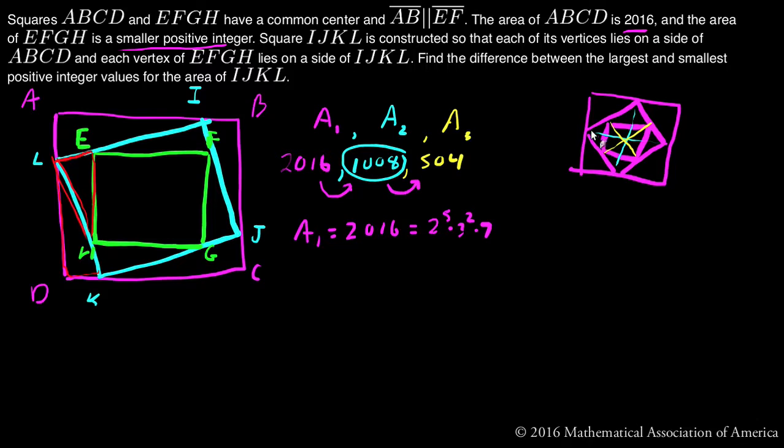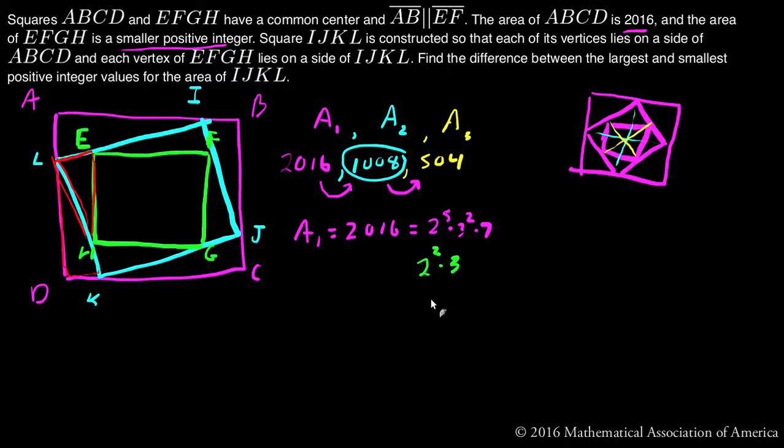I cannot divide by more than a half. There's no possible way, because then the sides would not fit on the squares anymore. But I will be able to do this. I can take out 2 squared times 3 two times and not run out of 2's and 3's when I divide it out twice.